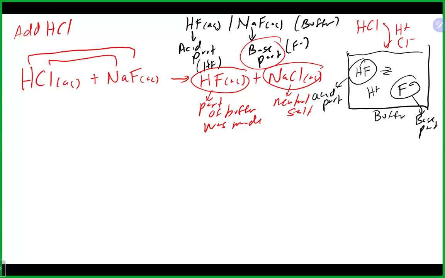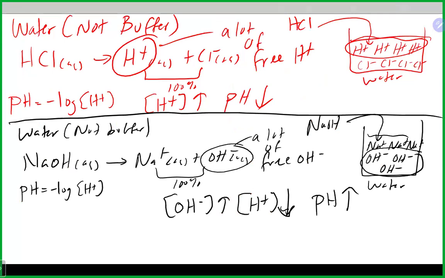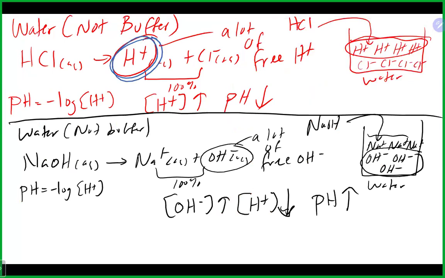It's actually what we don't see here that we did see when we looked at it with water. That's really important. It's what we don't see that we did see with water. So if we go back here, when we did this to water, when we added the exact same HCl to it, it generated all that H plus.